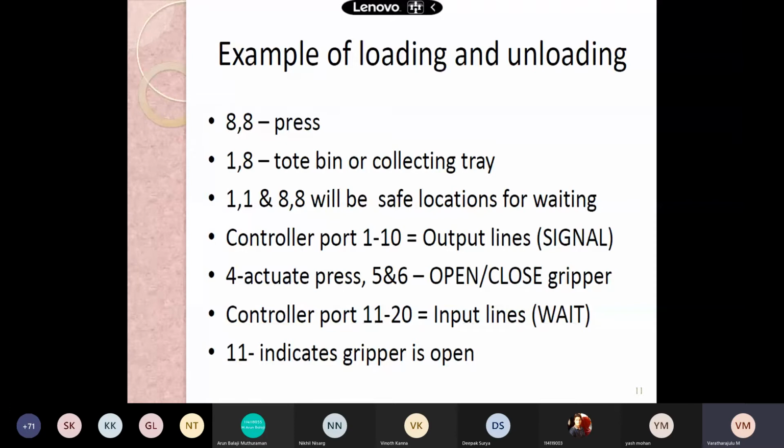Control port 1 to 10, output line signal 4 actuates the press, 5 and 6 open and close the grippers.